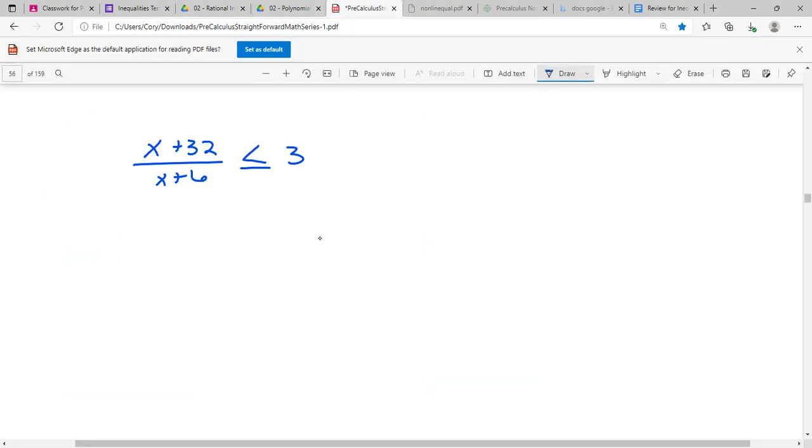First I'm going to find my discontinuity, which would be x plus 6 equals 0. It can't equal 0, so that would be negative 6. That's my first number, my discontinuity.